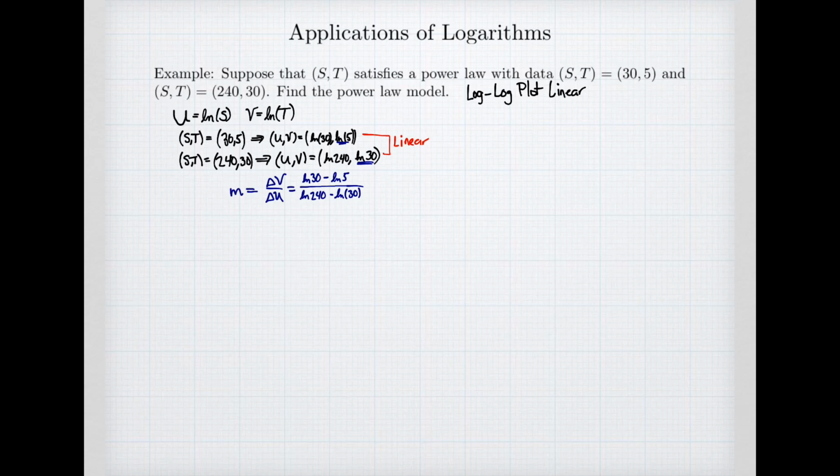Now if I was just using a calculator and needed decimal values, I could calculate that and I have a number. I want to point out that we can use logarithm properties. We have a difference of logarithms, and so we can write this as the logarithm of a quotient, 240 over 30, and in the denominator I have a difference of logarithms, log of 30 minus log of 5, which I can write as the logarithm of the quotient 30 over 5.